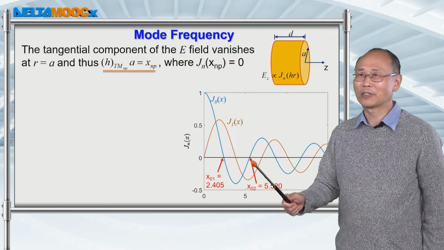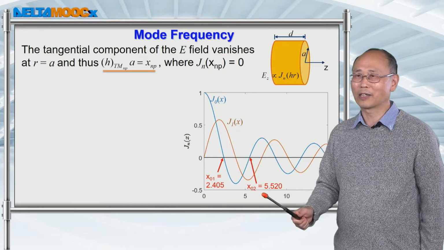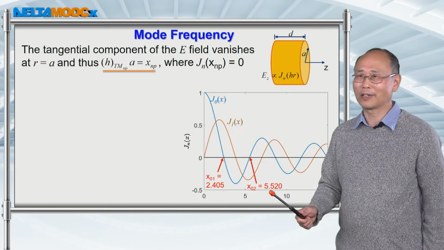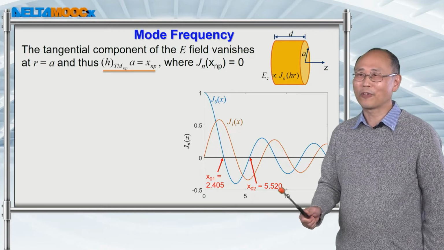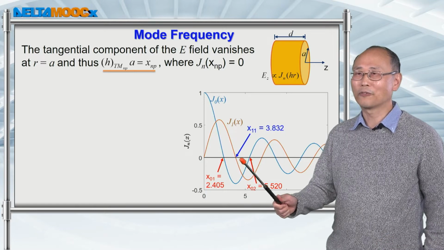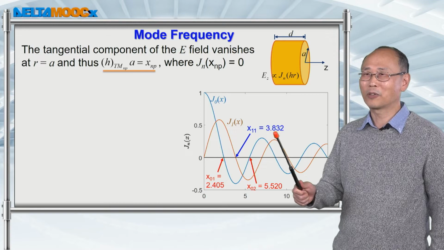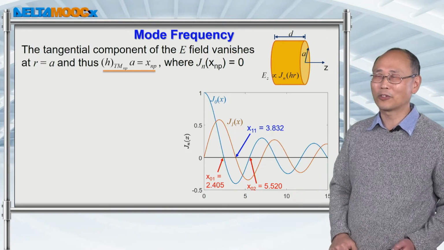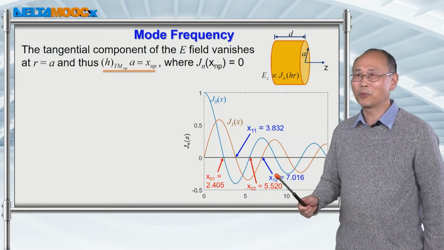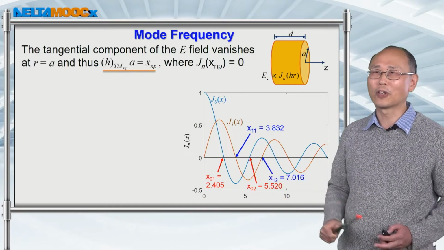And this point is the second zero of the J0 function, given here as the 5.520 value. And this point is the first zero of the J1 function, which has a value of 3.832. And this point is the second zero of the J1 function.